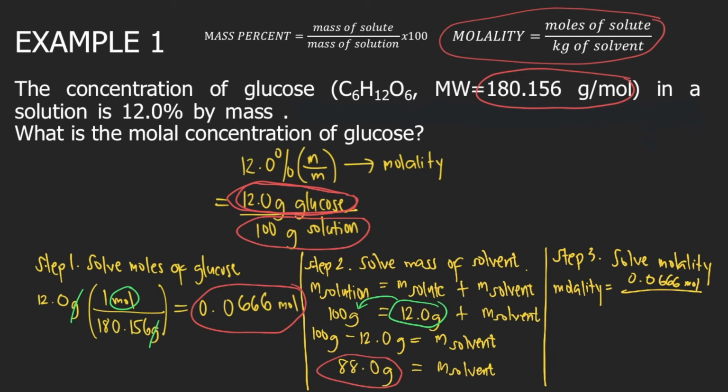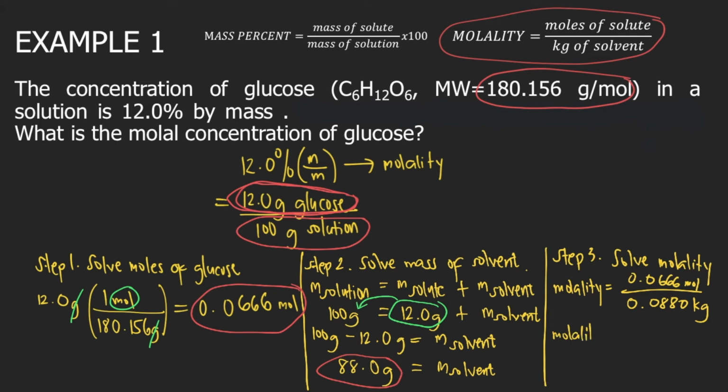To convert grams to kilograms, you just need to divide it by 1,000. So 88 divided by 1,000, that is 0.088 kilograms.